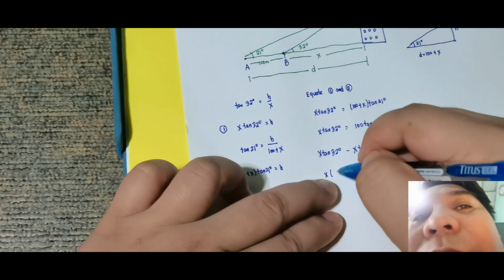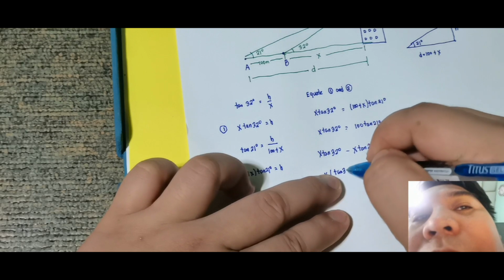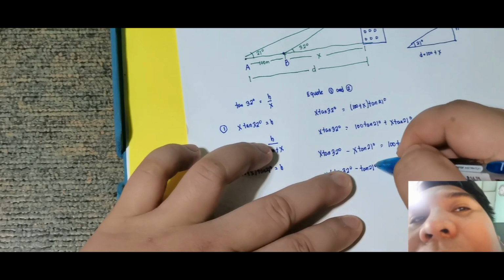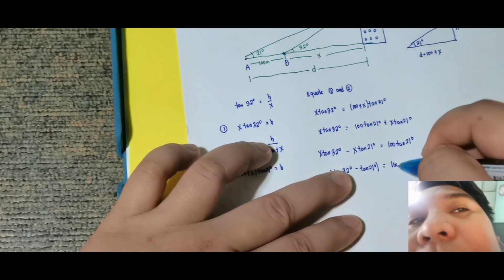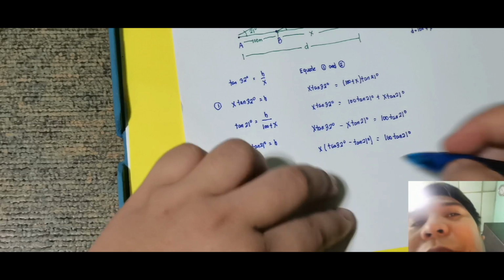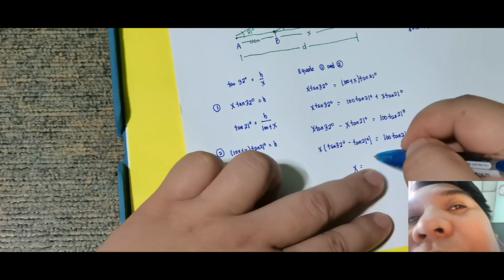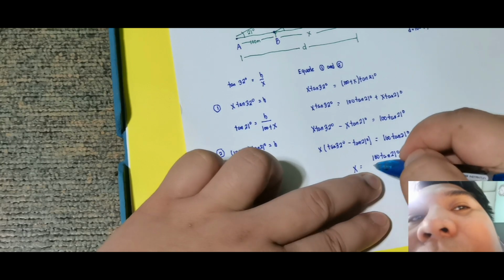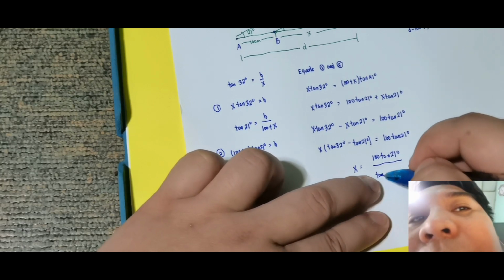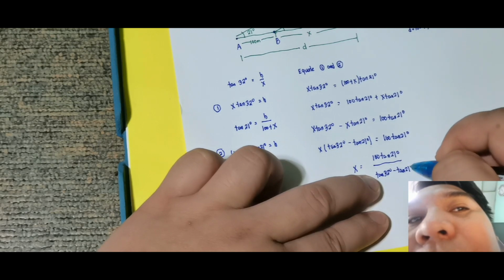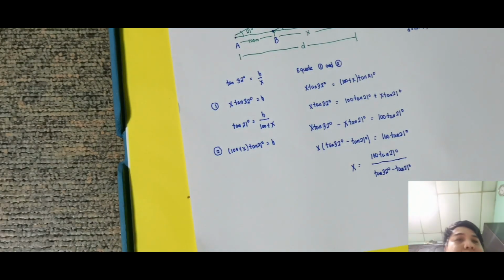That is x times tangent 32 degrees minus tangent 21 degrees, which is equal to 100 tangent 21 degrees. Okay, therefore the value of x is equal to 100 tangent 21 degrees all over tangent 32 degrees minus tangent 21 degrees. Okay, so calculate natin yan.